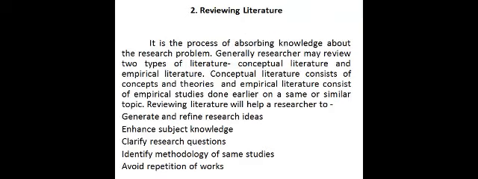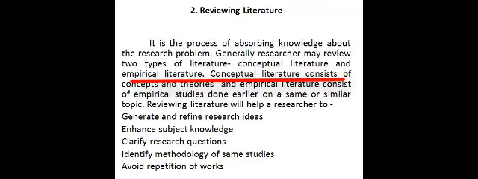Second step of research process is reviewing literature. What do you mean by reviewing literature? It is the process of absorbing knowledge about the research problem. Generally, researcher may review two types of literature: conceptual literature and empirical literature. Conceptual literature consists of concepts and theories, whereas empirical literature consists of empirical studies done earlier on a same or similar topic.